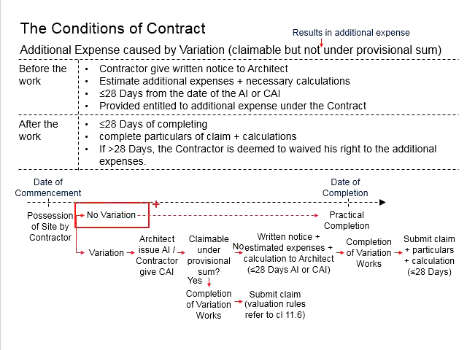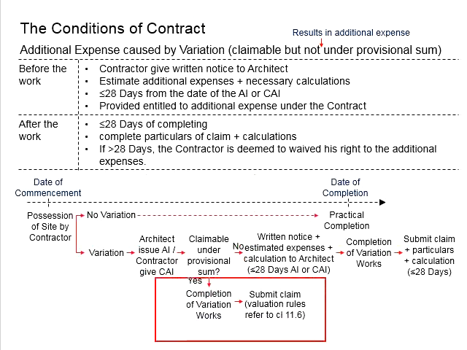If no variations are involved, basically the contractor will just need to proceed with the work as stated in the contract until the practical completion. When there is a variation, there should be instructions from the architect, or the contractor will have to seek confirmation through the confirmation of architect's instruction. Now we will need to identify whether the variation is claimable under the provisional sum.